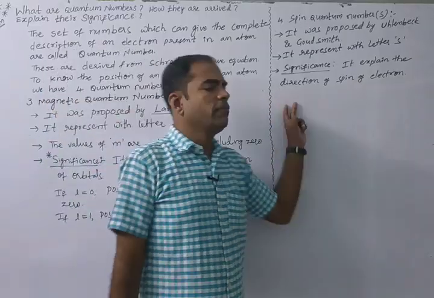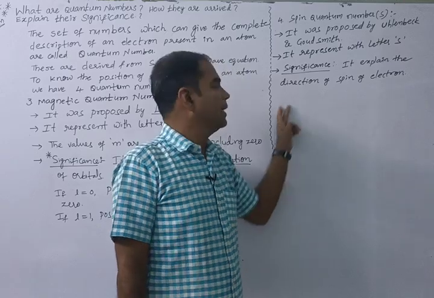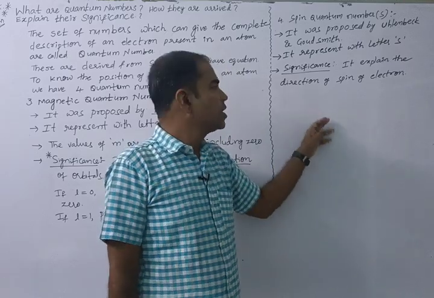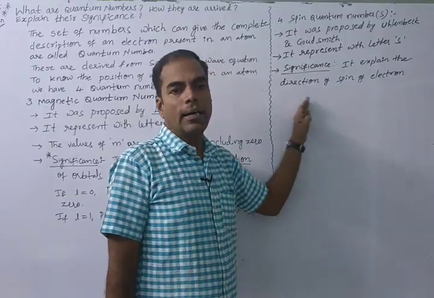That means in which direction, whether it is clockwise or anti-clockwise. It mainly explains the spin of electron, whether clockwise or anti-clockwise.